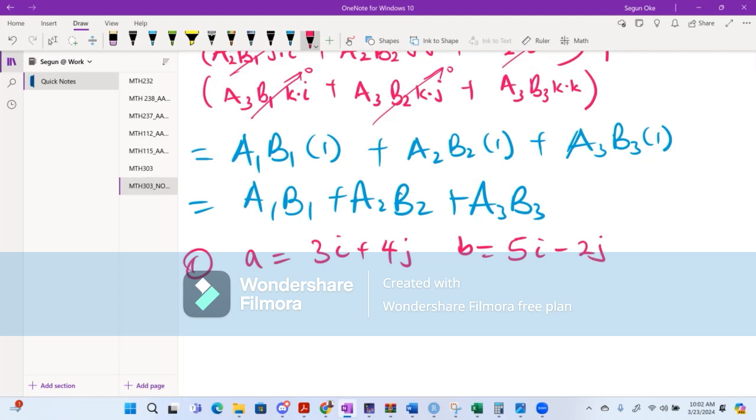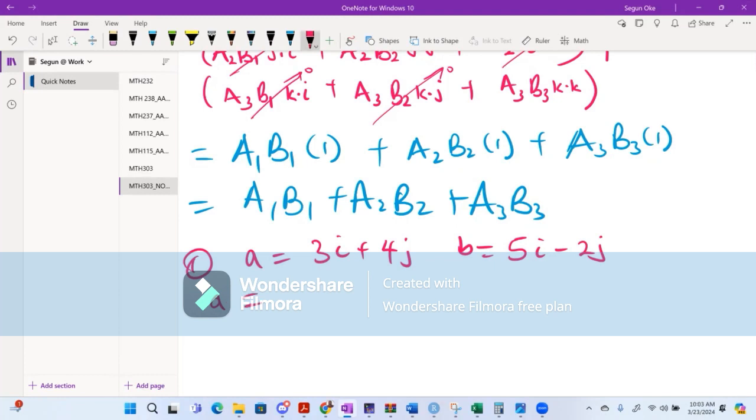So we have A dot B equals. What will A dot B be? What it simply means is component multiplied by component. But you can write it in form of a formula first.